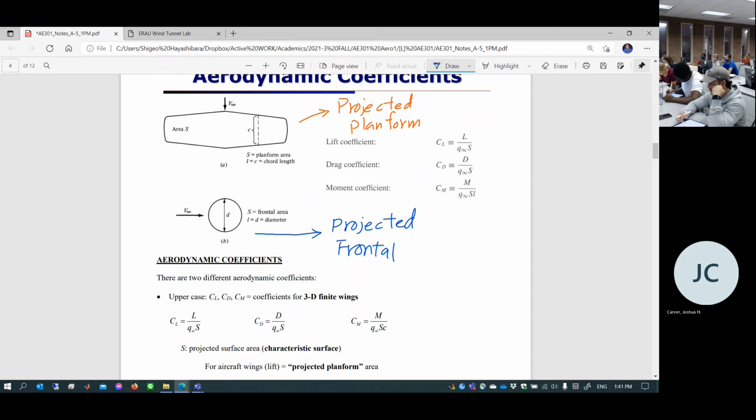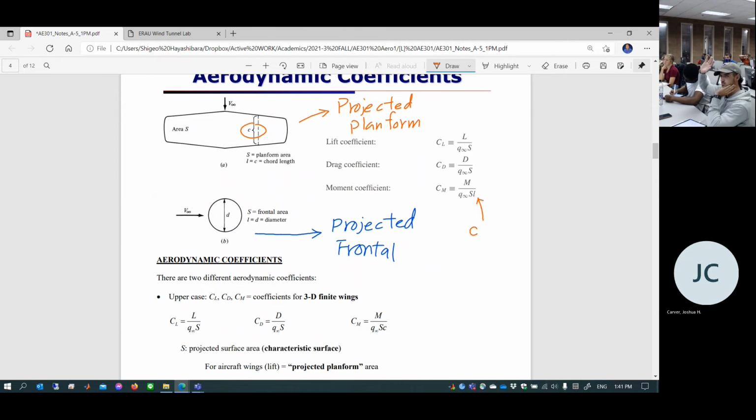And then this length L is the characteristic length. In the case of an airplane, it's almost always the chord length c, right? Now, in this particular case, a drag producing device is going to be a bluff body, right?